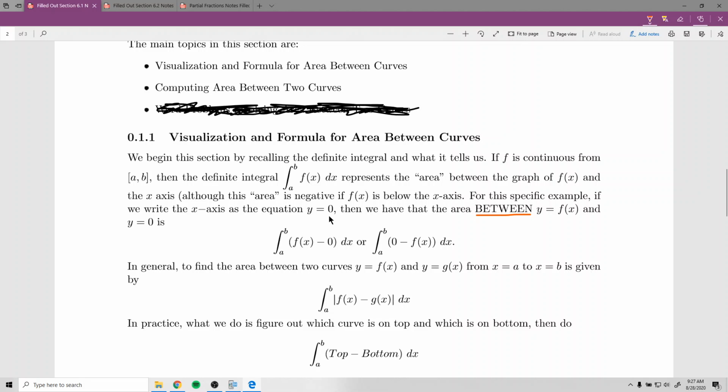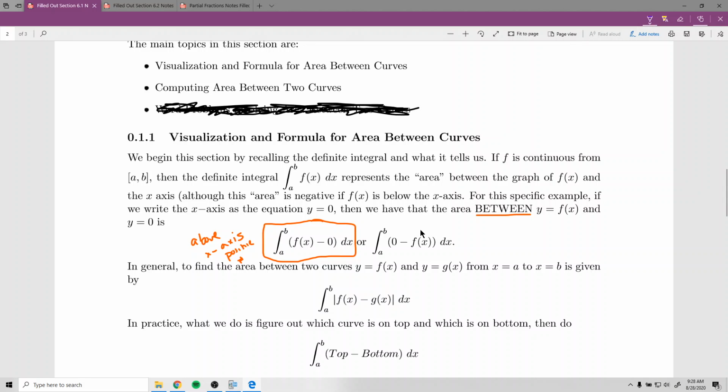So if the f of x is above the x-axis, that means when we integrated it, we get a positive number. So this is really just our normal integral. And when we subtract 0 off, it doesn't do anything. That's why we have this minus 0.